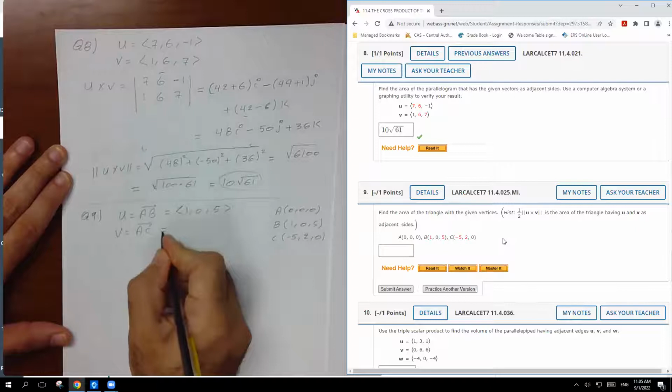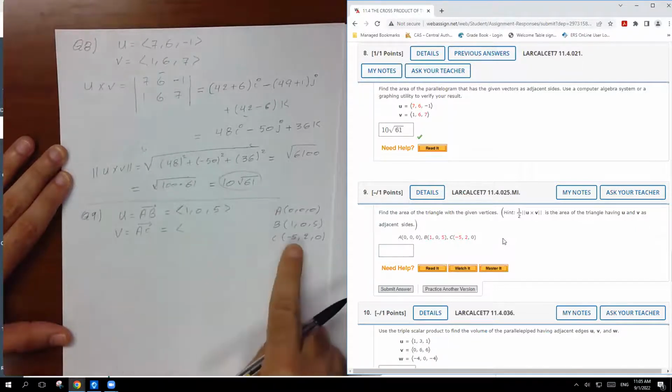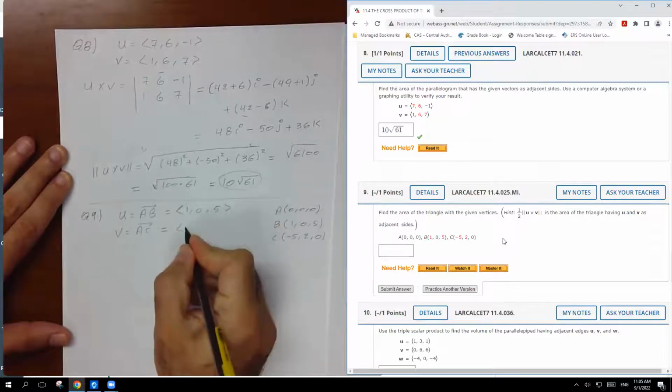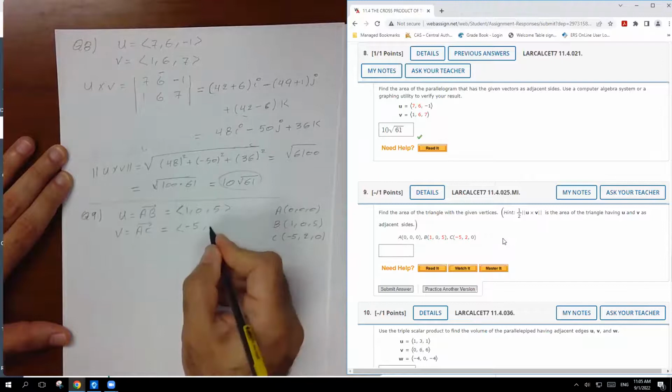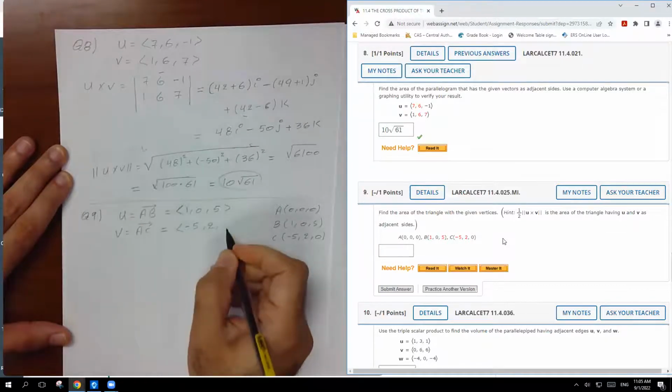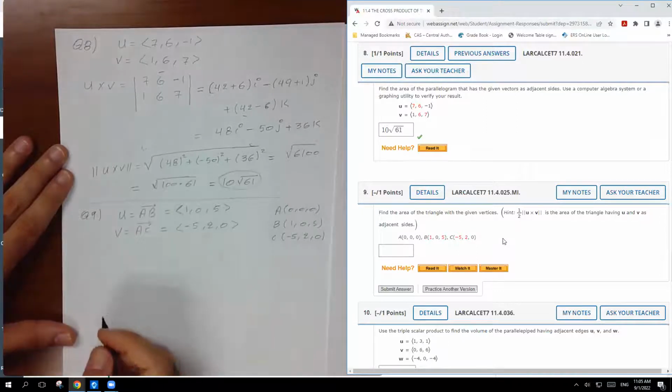The second one is between A and C. So -5 minus 0 is going to be -5. 2 minus 0 is going to be 2, and 0. Now I have two vectors. Let's find the cross product. And then we're going to divide by half. It is going to be the area for the triangle.